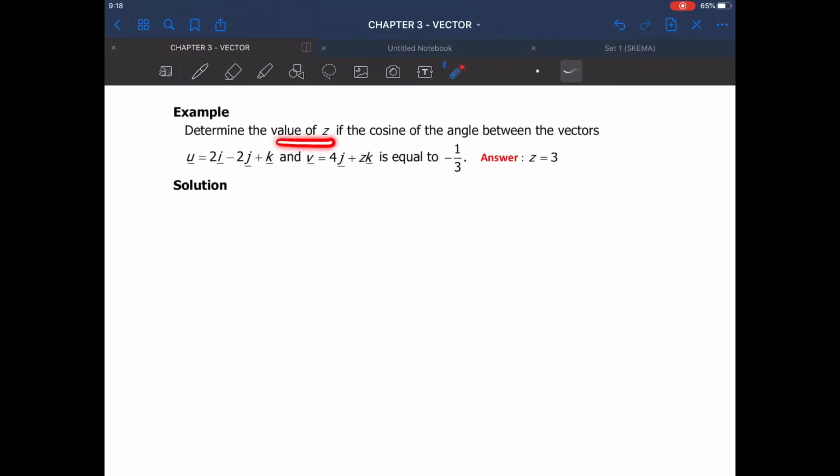Determine the value of z if the cosine of the angle between vector u and vector v is equal to negative 1 over 3. It's mentioned here that the cosine of the angle is equal to negative 1 over 3. So your formula is cos theta equal to u dot v divided by magnitude u multiplied by magnitude v.